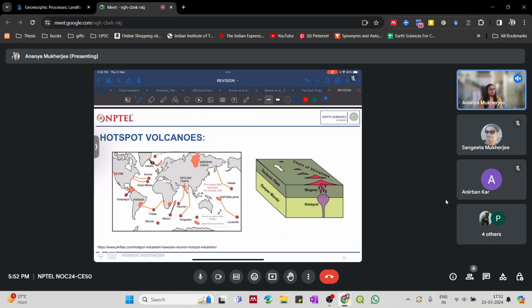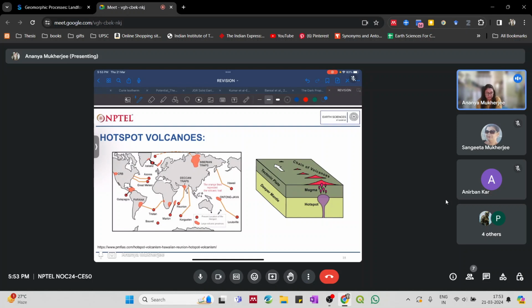The plumes do not move, but because of the movement of the plates over these plumes, you get a chain of volcanoes. You can see how the movement of the plate has taken place if you date the individual islands of such chains of volcanoes or chains of islands, whether it moved in the northern side or the southern side.